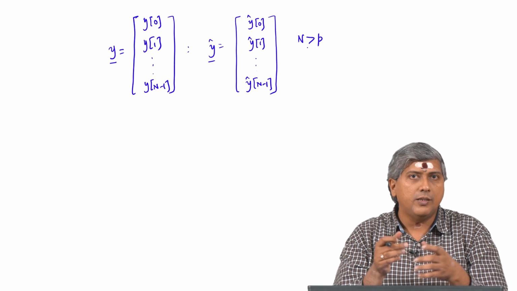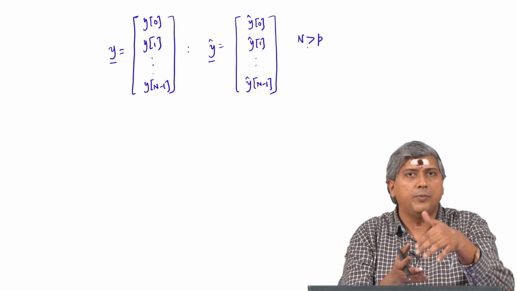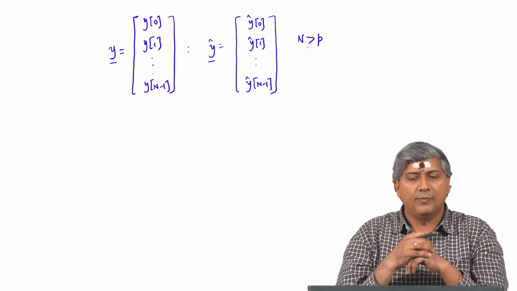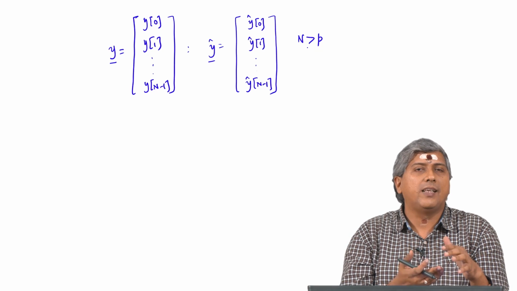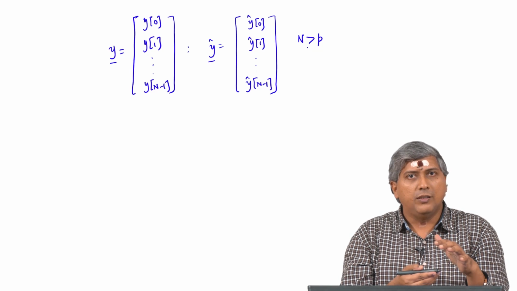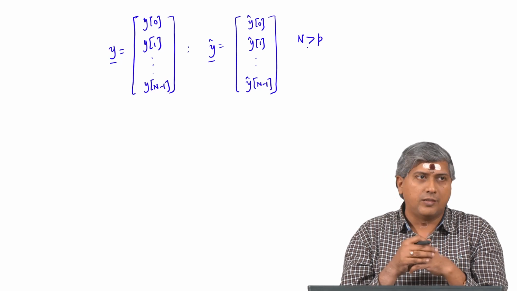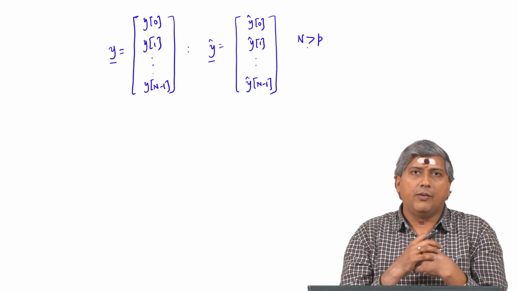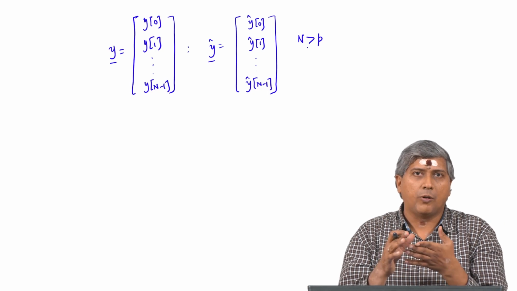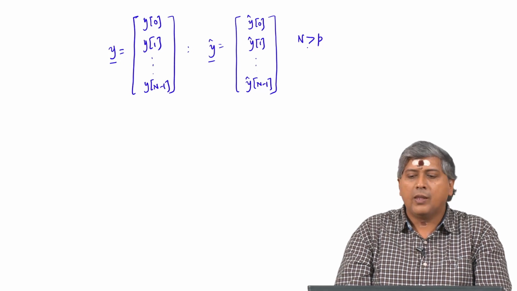What I mean by satisfy is that I want to have the best approximation of all the n observations. When n equals p, it is great. I have an exact set of equations, we call that a determined system. P unknowns, p observations, great. I will have a single solution if it is a linear set of equations; for non-linear, there may be multiple.